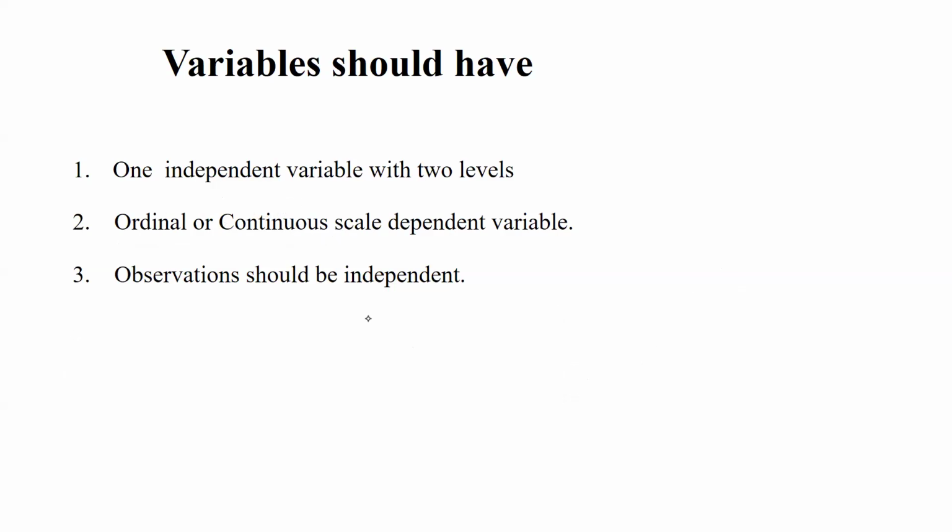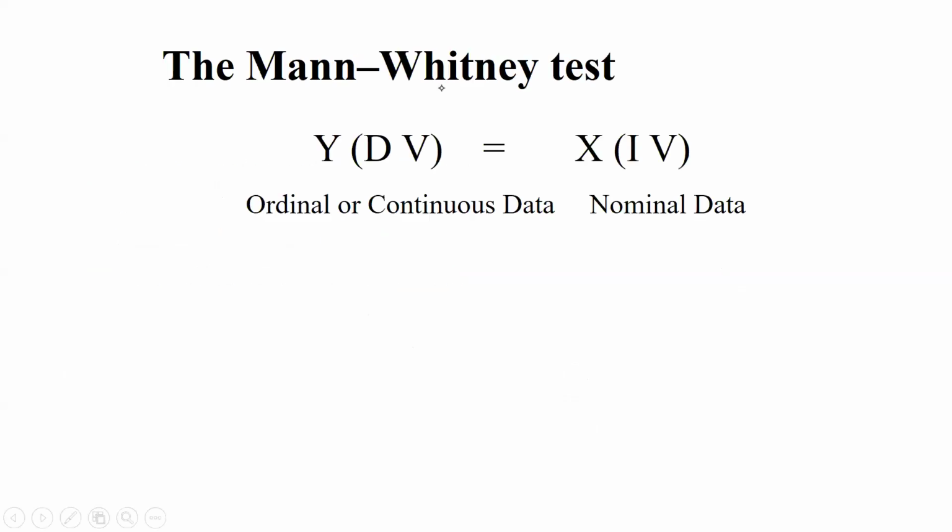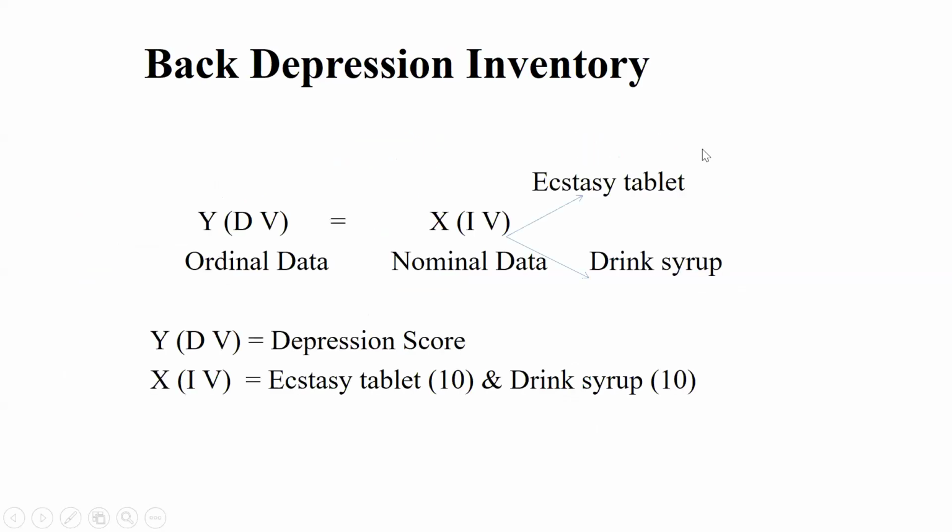For two independent samples with Mann-Whitney, if we want to apply this non-parametric test, the dependent variable should be either ordinal or continuous data, and the independent variable should be nominal data. You can see here a data set with depression score, which is the dependent variable, and there are two categories.